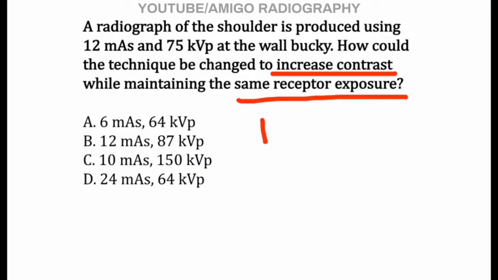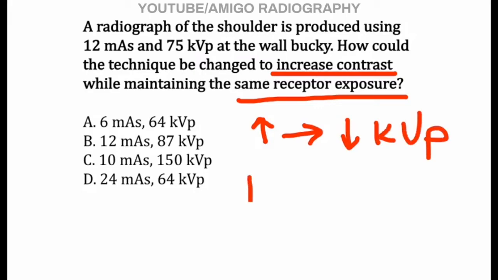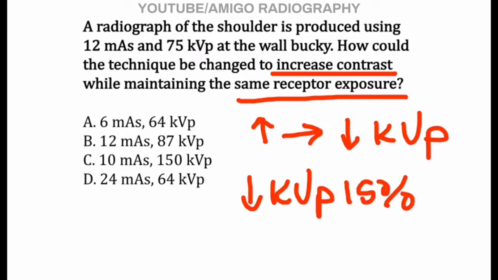If we want to increase our contrast, one simple way to do that is actually to decrease our kVp. If we decrease our kVp by 15%, in order to maintain our receptor exposure, we must increase our mAs by double. And so let's look at our options and see which of those accomplish that.